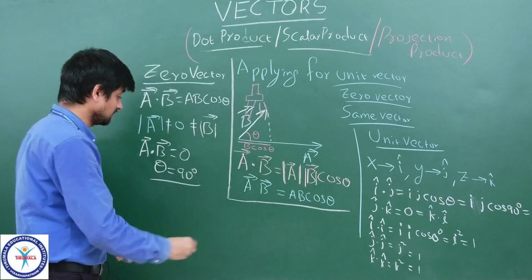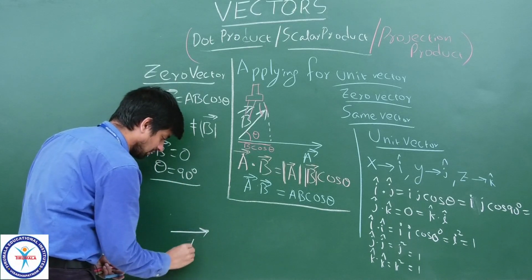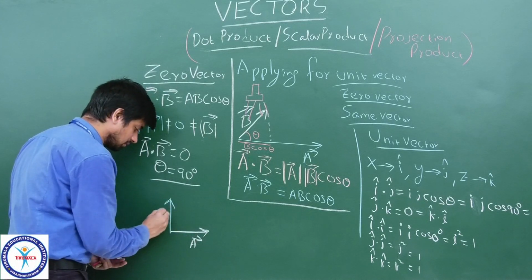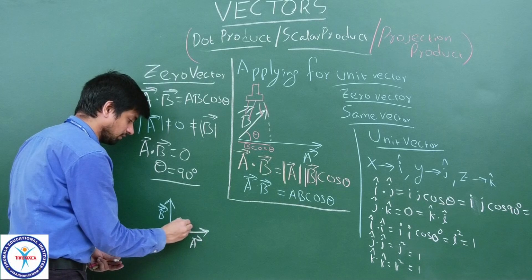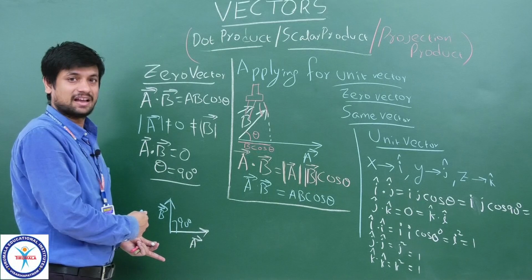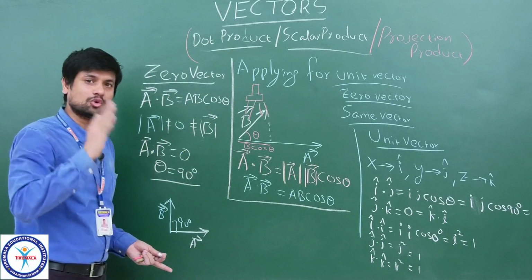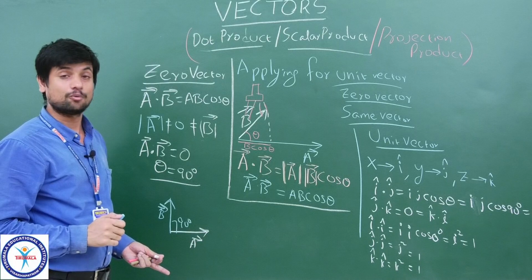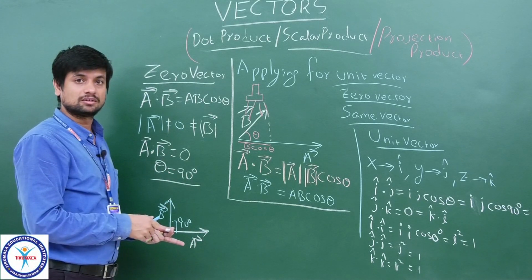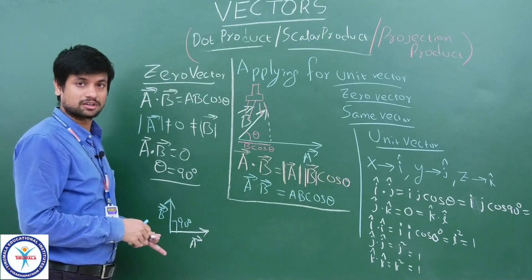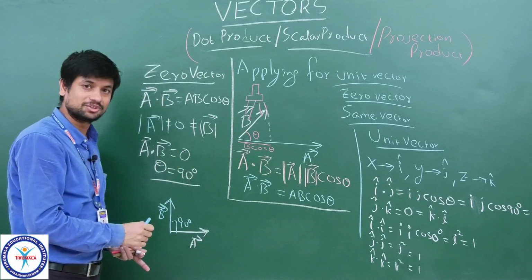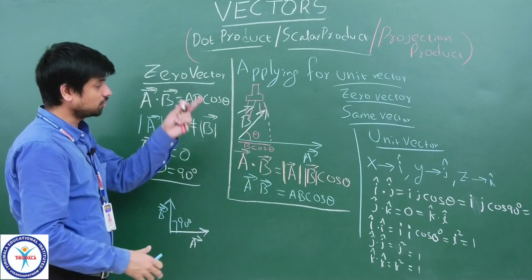That means vector A and vector B are at 90. So where is the parallelism here? Parallelism is 0. I told you before, the dot product gives you an idea of how much parallelism there is. Perpendicularity is the opposite of that, both are non-corresponding. Did you understand? So in this way it gives you 0. So these are for the zero vector.